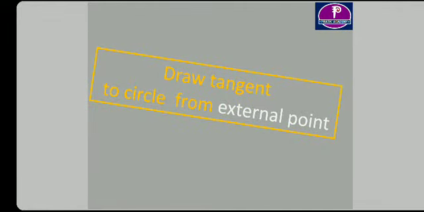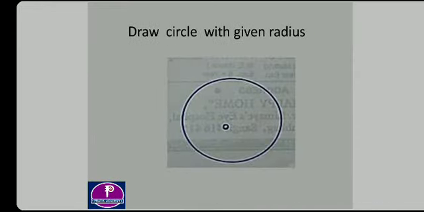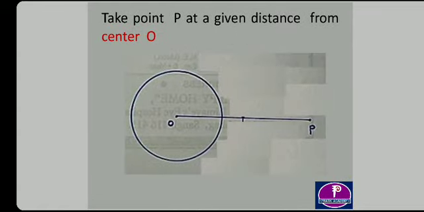Then next is how to draw a tangent to a circle from an external point. The first step is to draw a circle with the given radius. Then take point P at a given distance from center O. The given distance may be 10, 5 or anything greater than the radius.